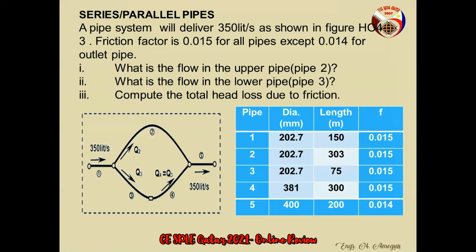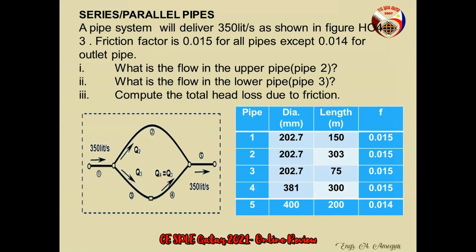Yung 5 is 0.014. What is the flow in upper pipe, yung pipe 2? What is the flow in the lower pipe, pipe 3 or pipe 4? Parehas yun kasi naka-series.